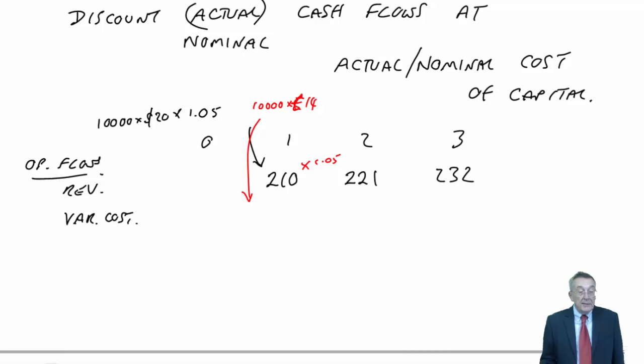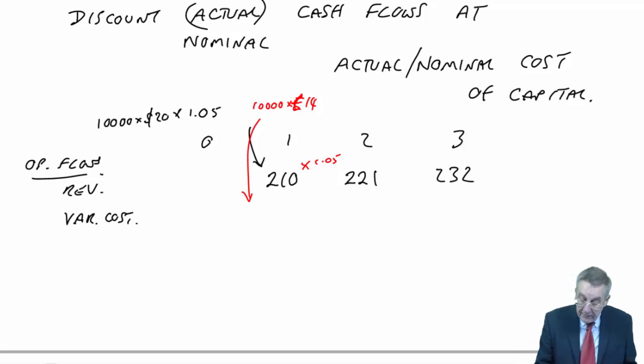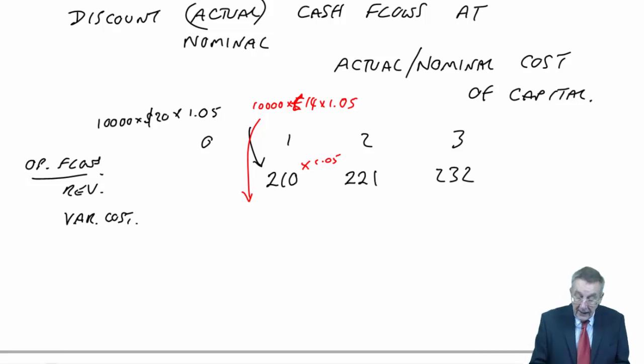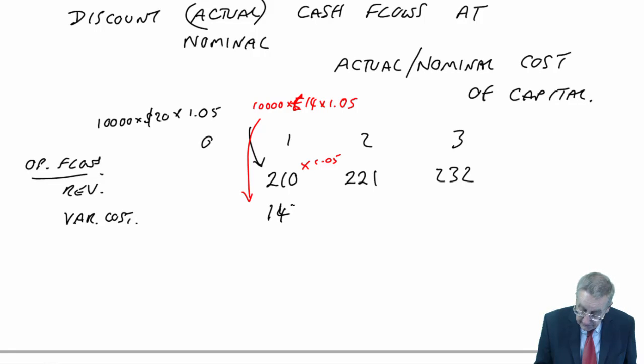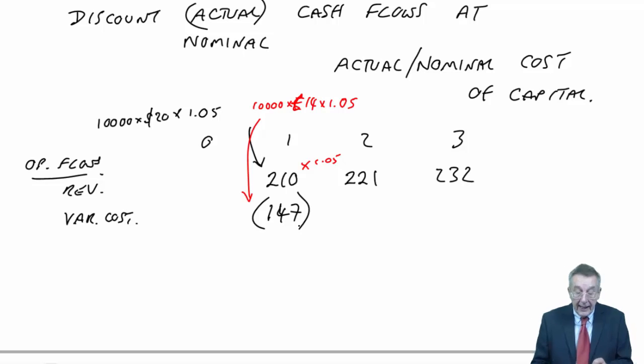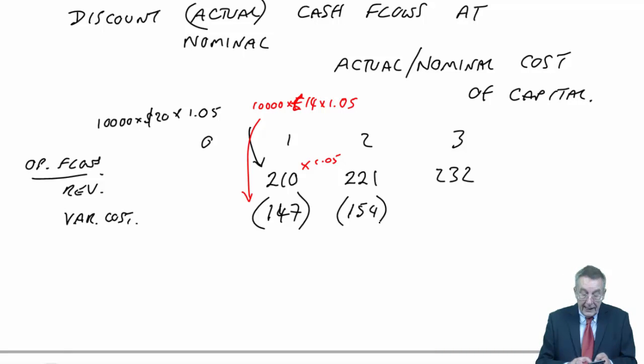And because it's inflating at 5% and it's at current prices, in 1 year's time it'll be 5% higher, and so an actual cost of 147. If I carry on multiplying by 1.05 to inflate, time 2, 154, and time 3, 162.